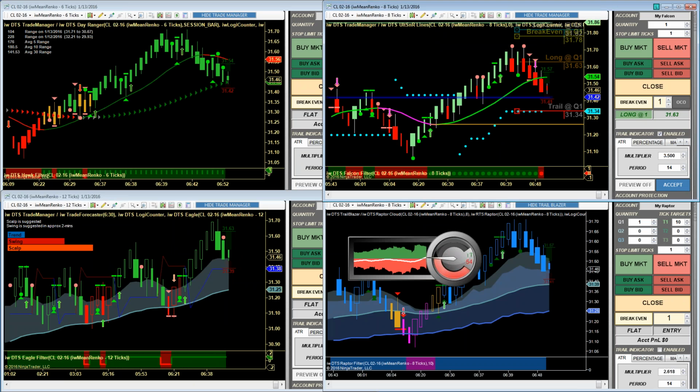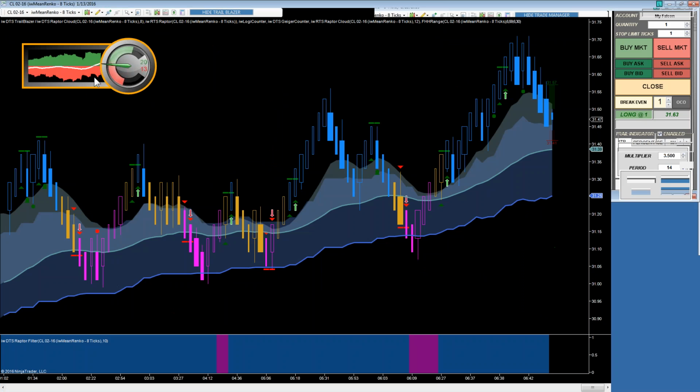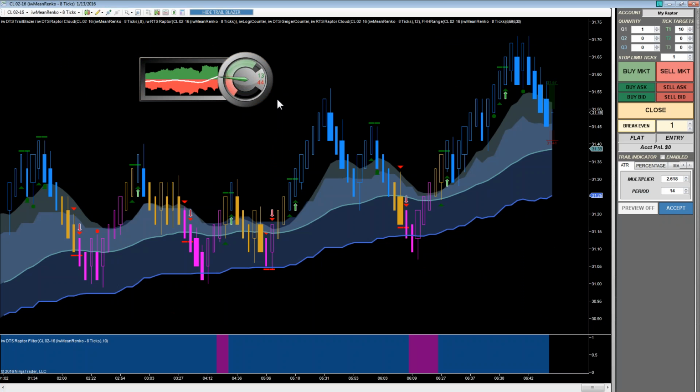Another question here from Steve. Steve asks, what is the time frame for the Geiger counter? It's live, whenever you get a change in the orders.